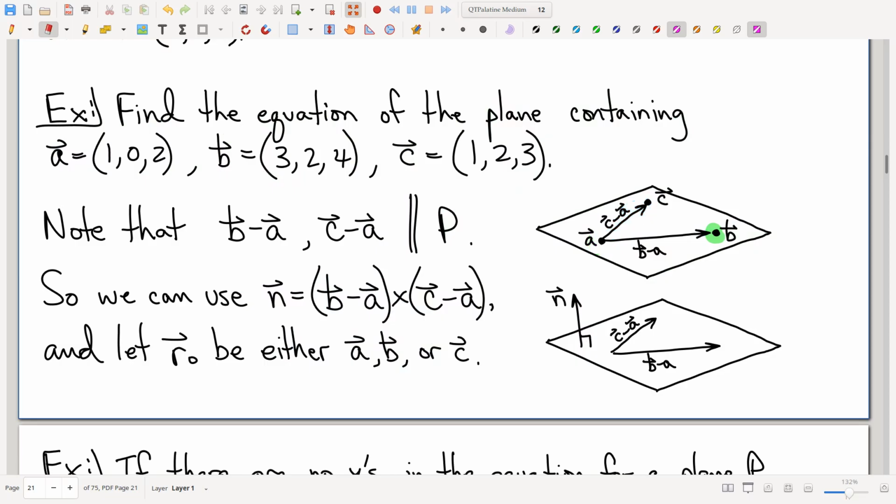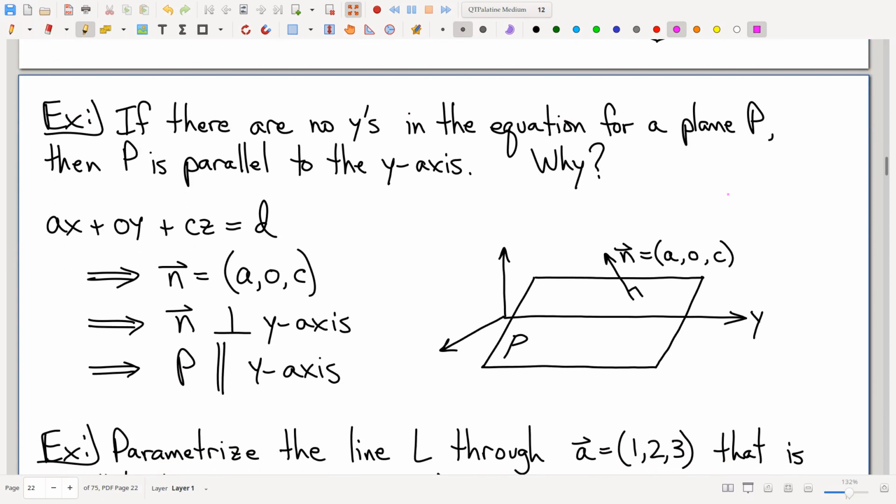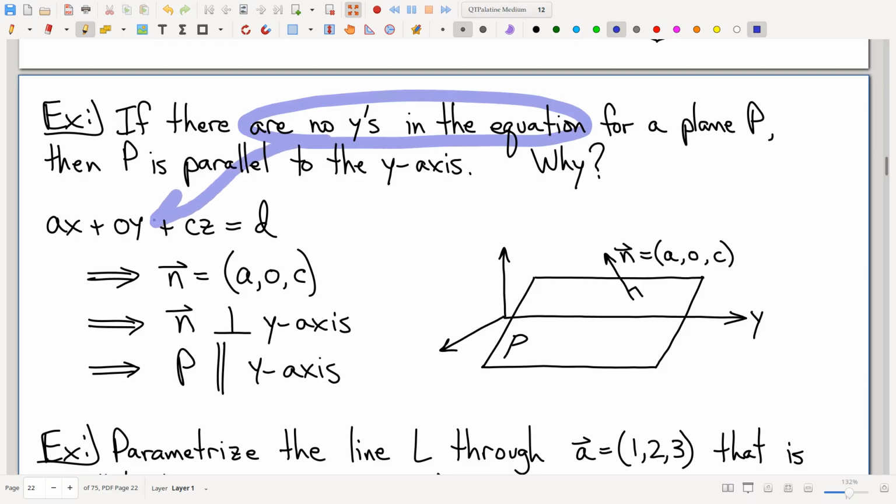Okay, so success. This is a cute one. I like this. I think this is an underappreciated fact. Very useful. It's going to come up several times in this class. If you have a plane and you look at the equation, and if there are no y's in the equation, right now here I wrote 0y, just to make it explicit that there are no y's in the equation.